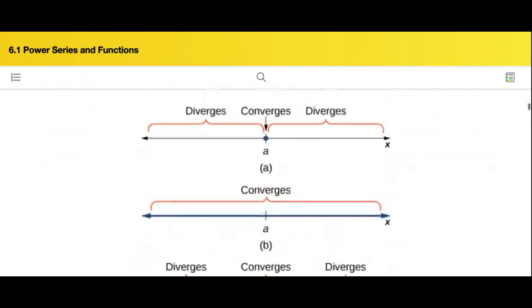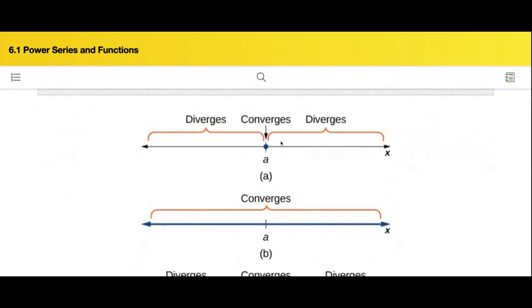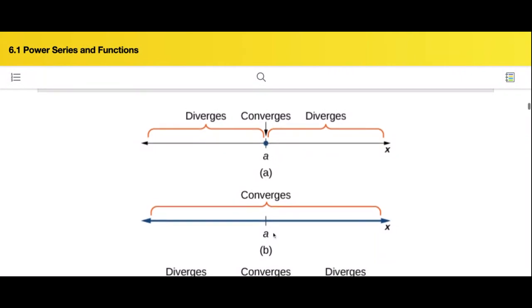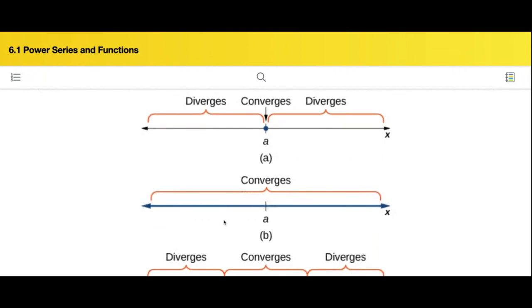This talks about our different situations. This is convergence only at the center, so the radius of convergence is 0 because anywhere else it diverges. Converges for all real numbers, so everywhere.